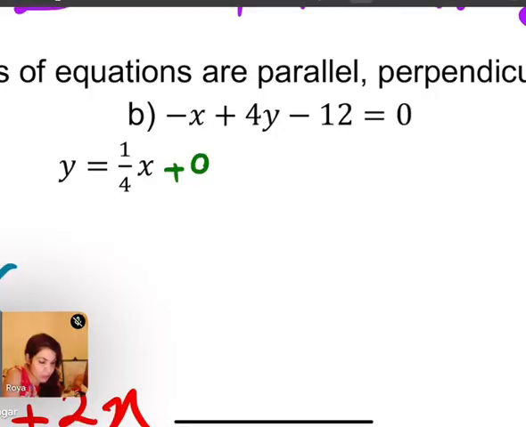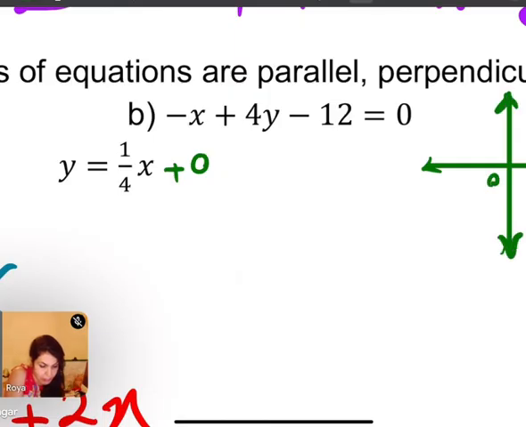Y-intercept is 0. 0 means that if this is your coordinate plane, the line passes through the center, because y-intercept is 0.